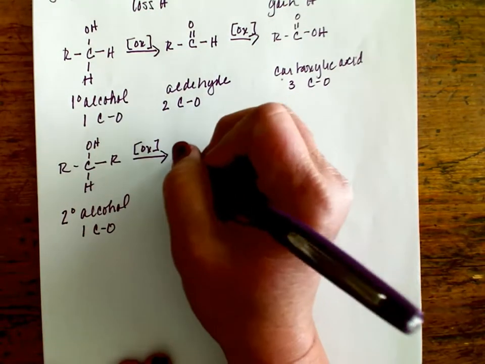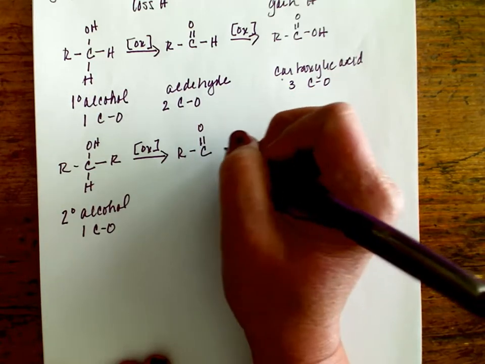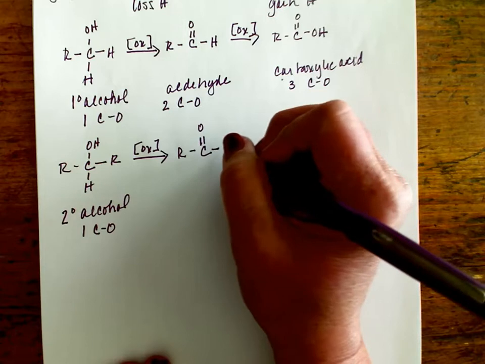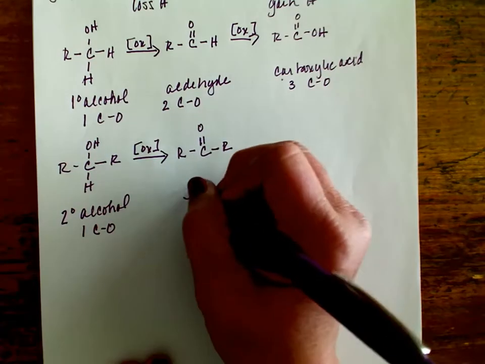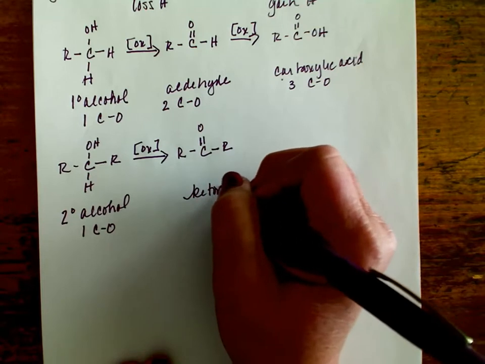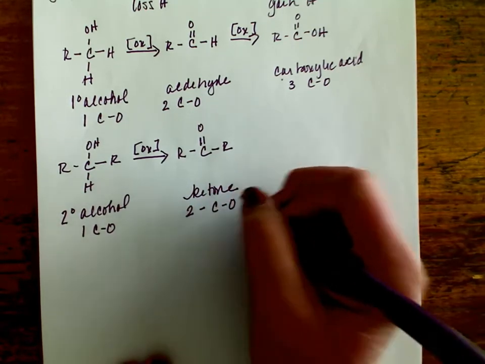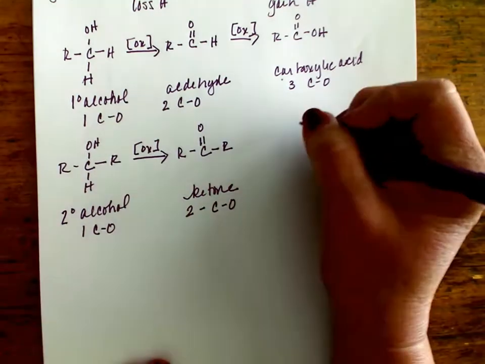We oxidize that hydroxyl group to a carbonyl, and now we have a ketone, which has 2 carbon to oxygen bonds. No further oxidation here.